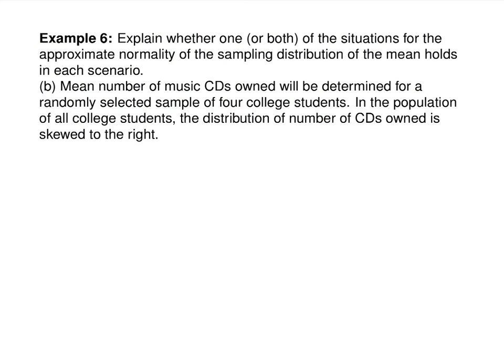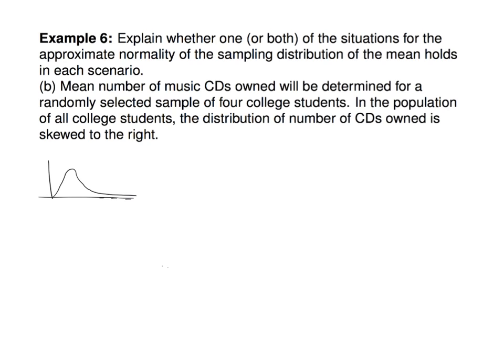The mean number of music CDs owned will be determined for a randomly selected sample of 4 college students. In the population of all college students, the distribution of number of CDs owned is skewed to the right. So what that means is that there's a large tail on the right. There are people who own lots of CDs, basically.